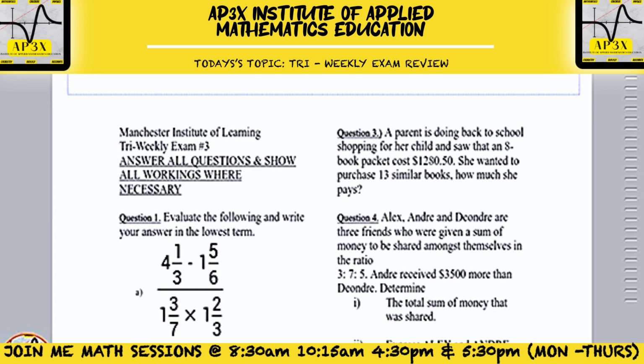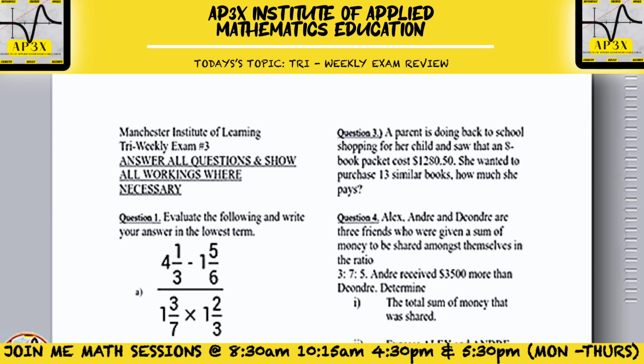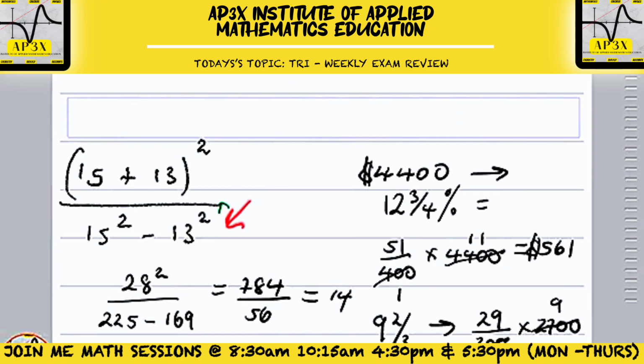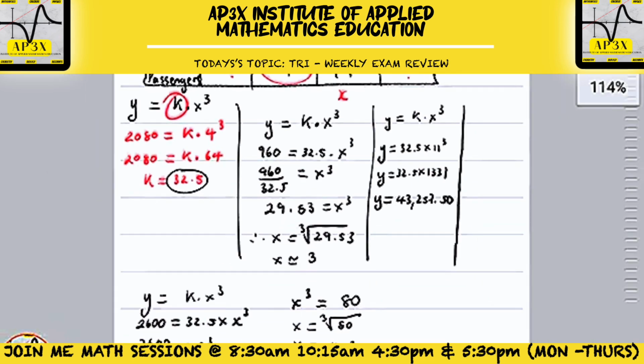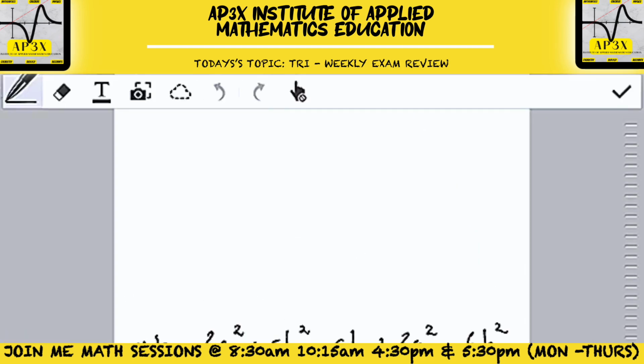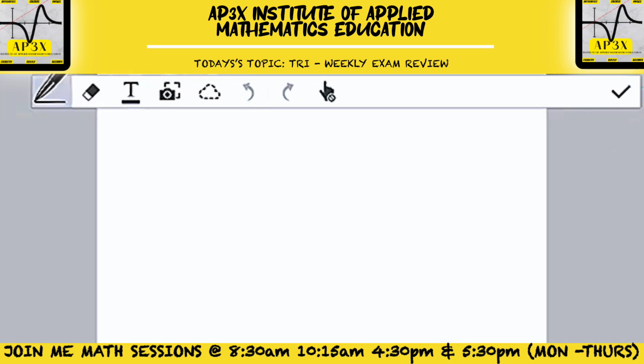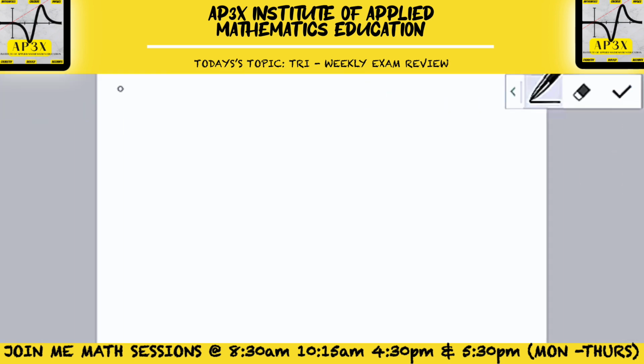And this is a very simple problem, believe it or not. A lot of you may be thinking that I'm saying it's simple because I'm a math teacher. It is actually very simple, in the sense that all you had to do was simply write down the fact that 8 books cost $1,280.50.